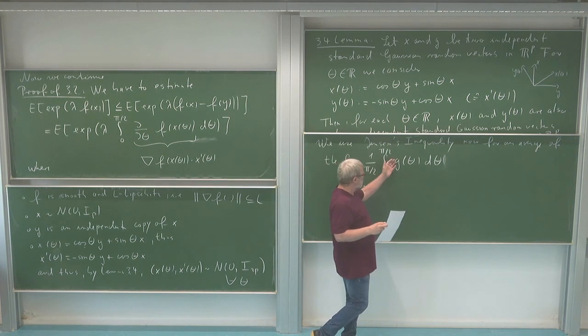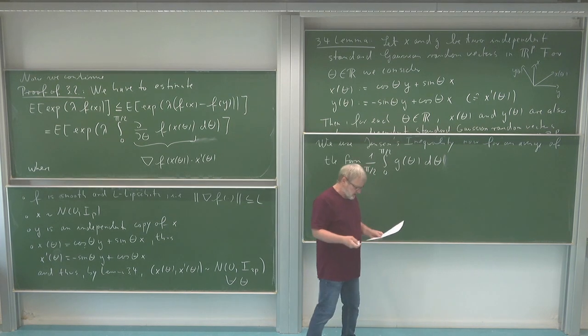Because if I'm integrating over the constant function 1, I get pi over 2, but I should get 1 for a probability distribution.